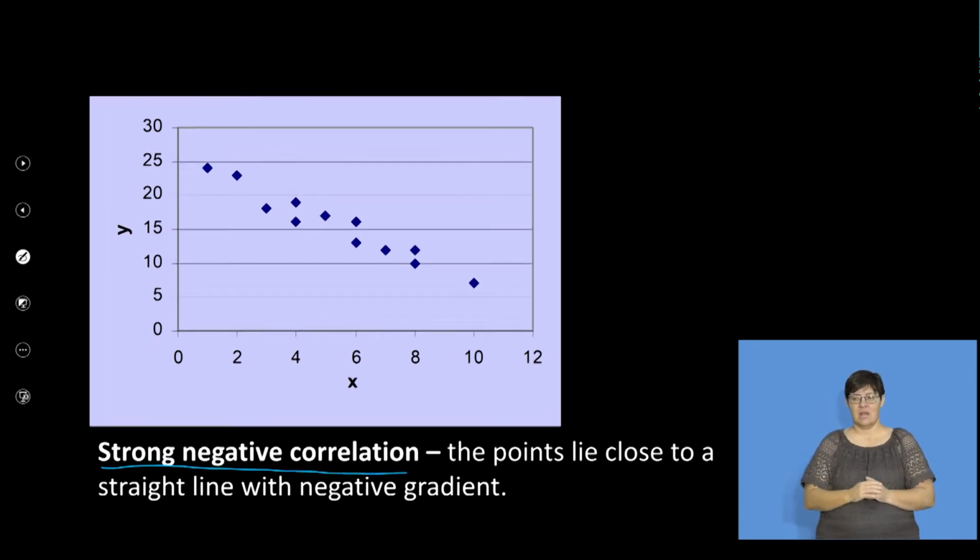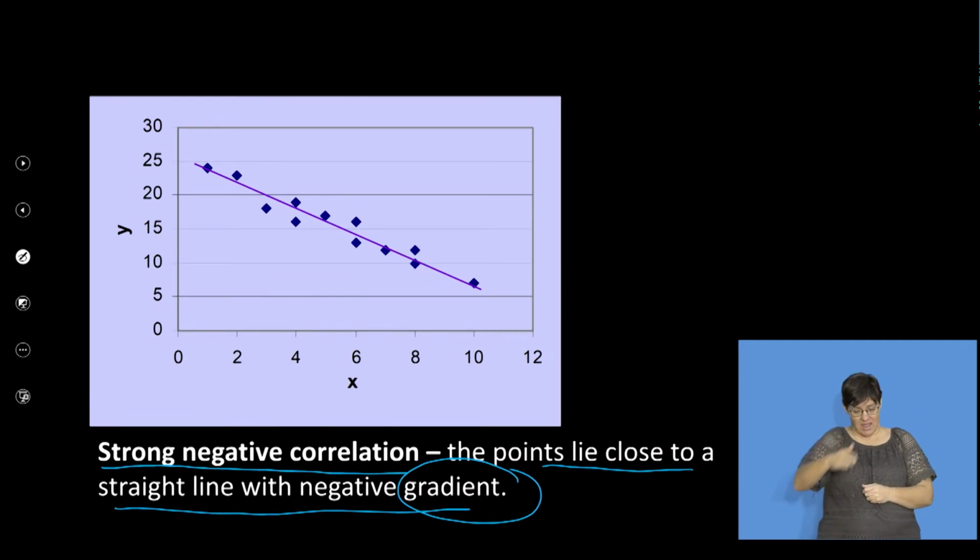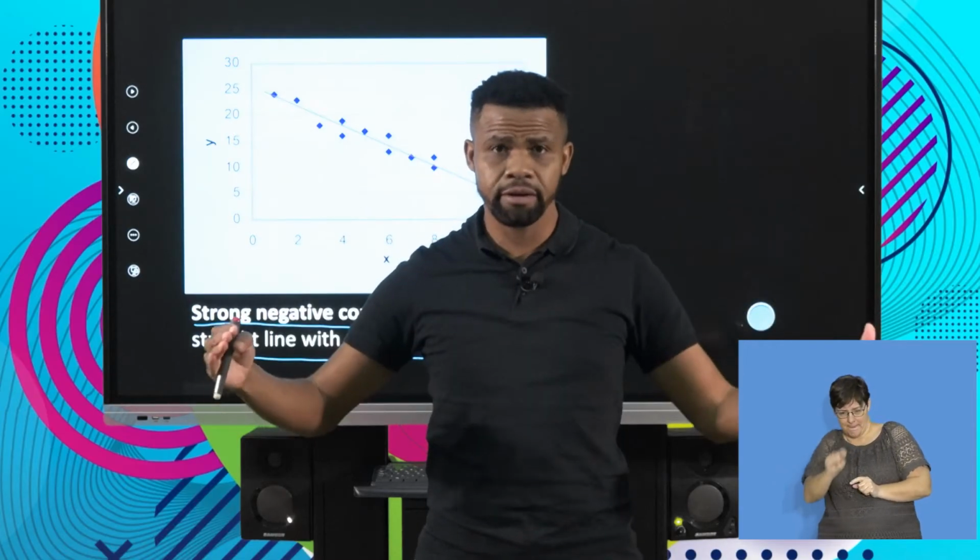The points lie close to the straight line with a negative gradient. Remember, a negative gradient is a slope. So if you draw a line, that's what we get. So in a negative correlation, points lie close to a straight line with a negative gradient.